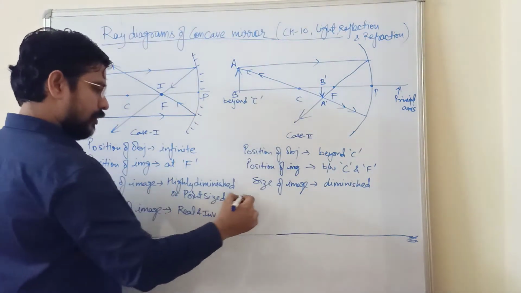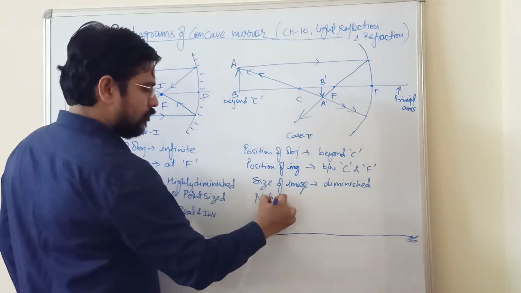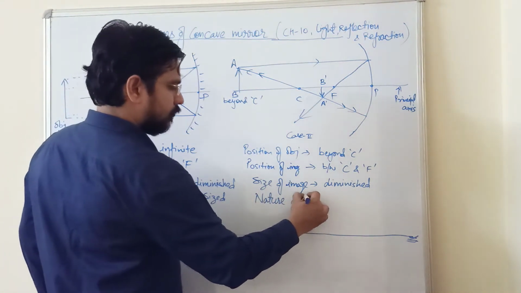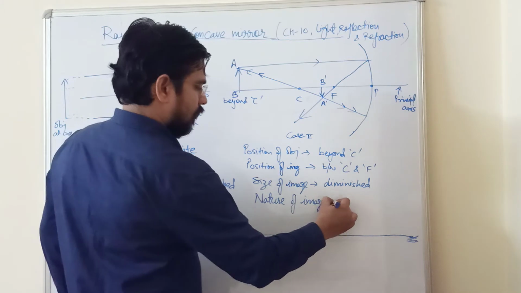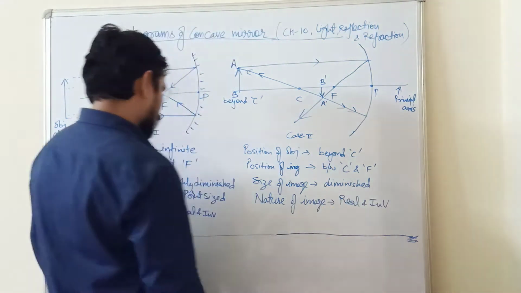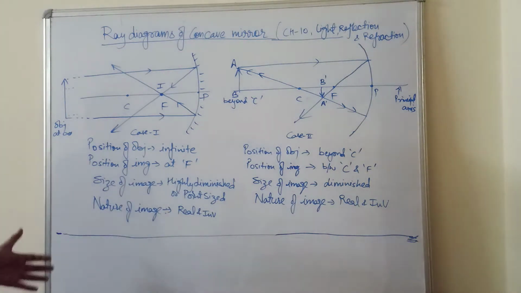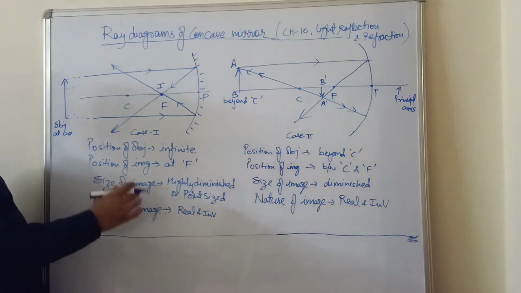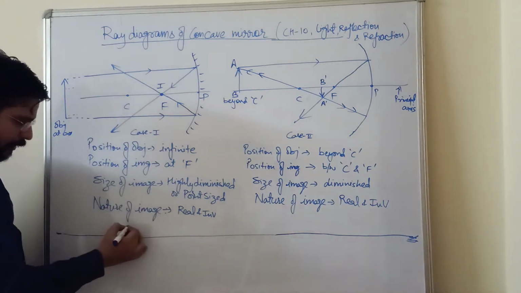So it is diminished, and the nature of image is real and inverted.